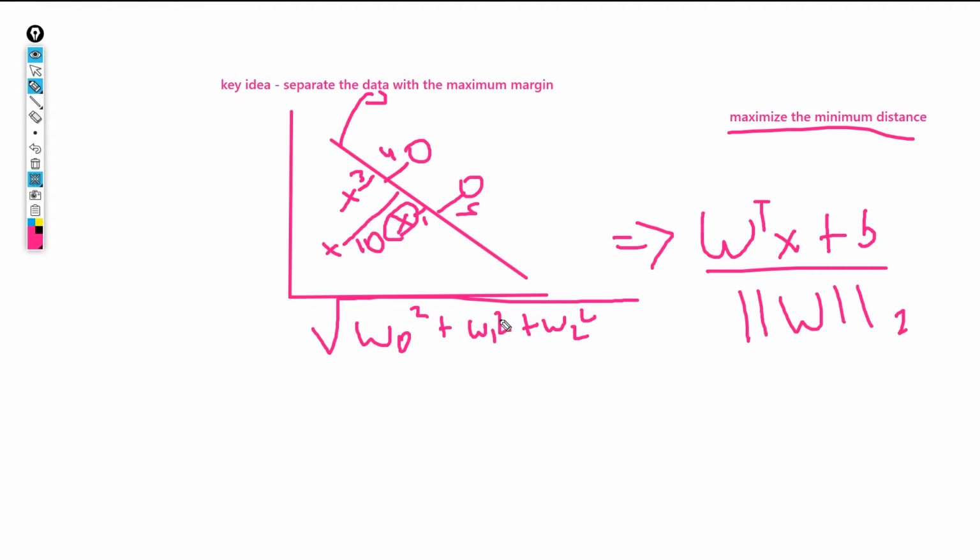If you are not understanding all of these terms, I have already explained what W, W0, W1, W2 and the bias are in my previous playlist, like linear regression and logistic regression. I have explained everything, so I'm not explaining this again in this algorithm.